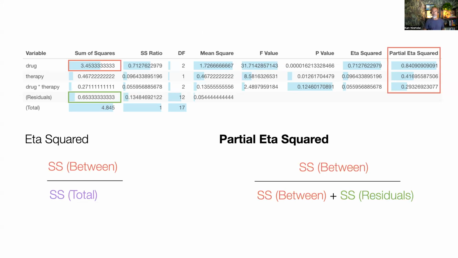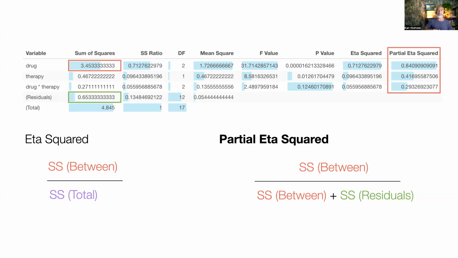For partial eta squared, instead of dividing the sum of squares of the variable, in this case the drug, by the total, you want to take the variance of another variable, in this case the therapy, and also the interaction out. Then you use only the residual and the variance of the drug as the total.